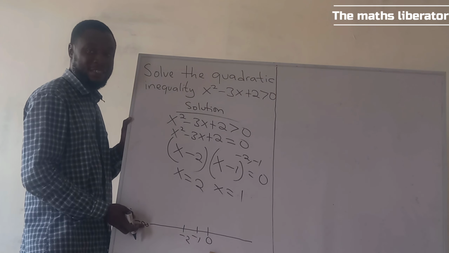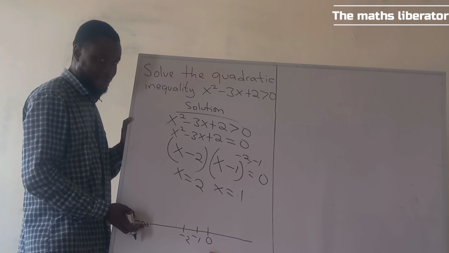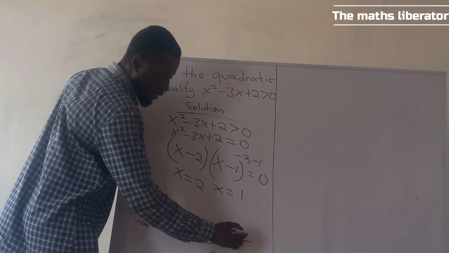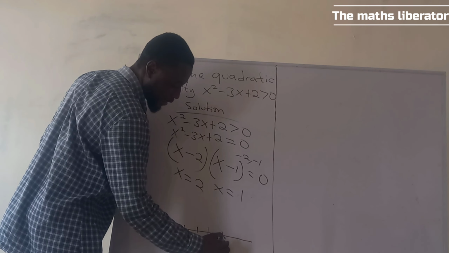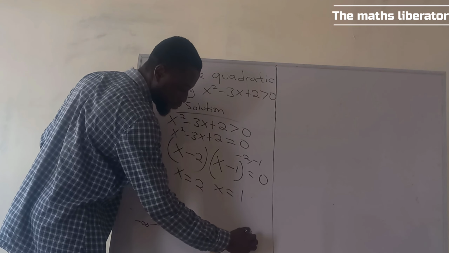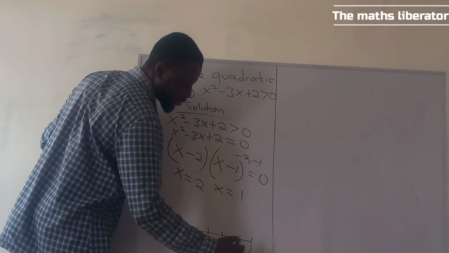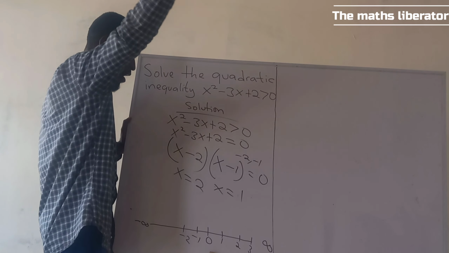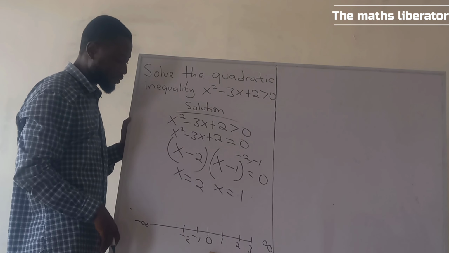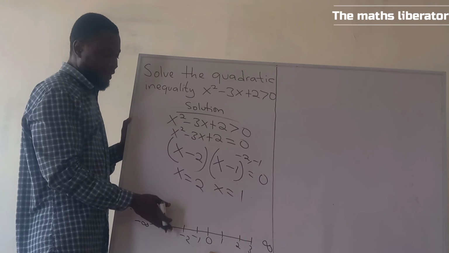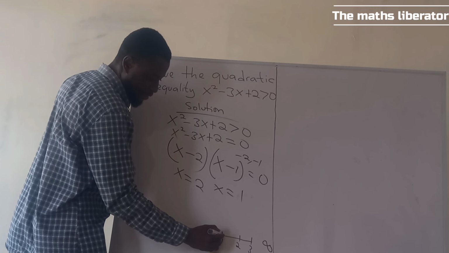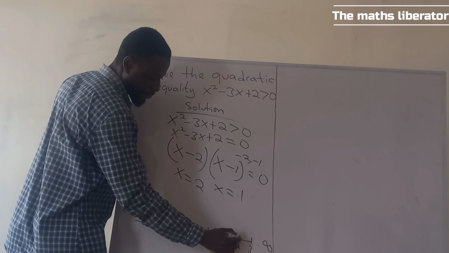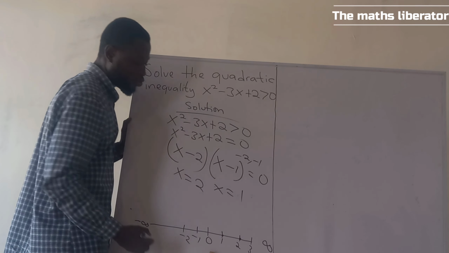And this is the infinity symbol. On the right, positive 1, positive 2, positive 3, 4, 5, 6, to positive infinity. Good. Then you locate the x values, that's 1 and 2.